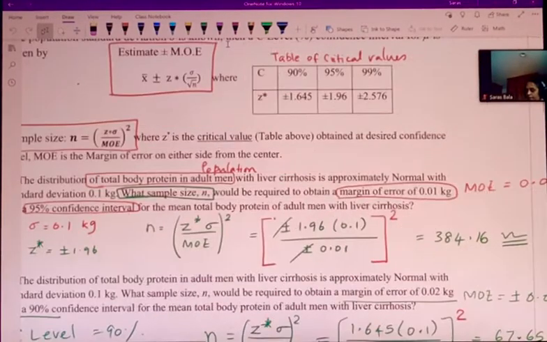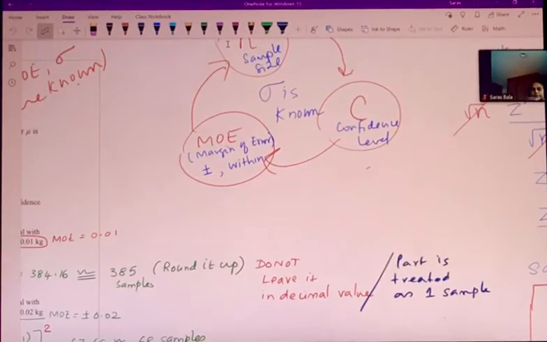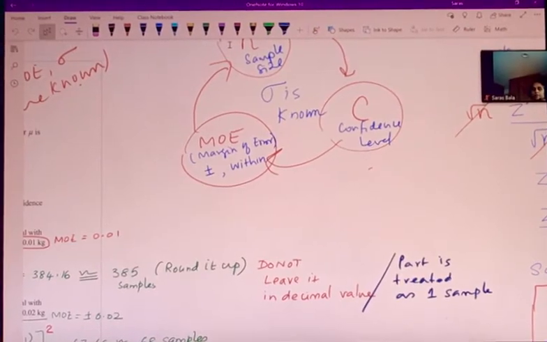So again, what I'm saying is, yes, these three guys, they pull each other. The sample size and the confidence level and the margin of error on either side from the center, they are pulling each other. They're playing a game of tug of war. So we are going to be finding the sample size n with sigma, with your C level given in the problem, with your margin of error given in the problem.